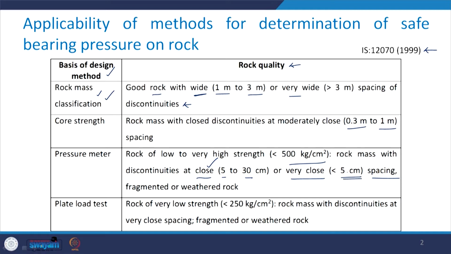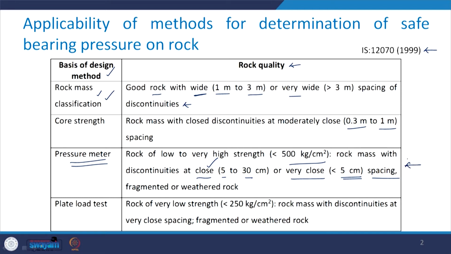In case of fragmented or weathered rock, we can find the safe bearing pressure using the results of the pressure meter test. This test is beyond the scope of this particular course, but for the sake of completeness I have put it here for your information only.